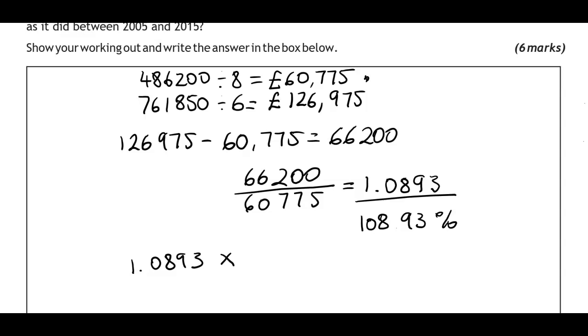So if I get this decimal and multiply it by the price in 2015, the average price, it should give us the increase from the 2015 price to the 2025.